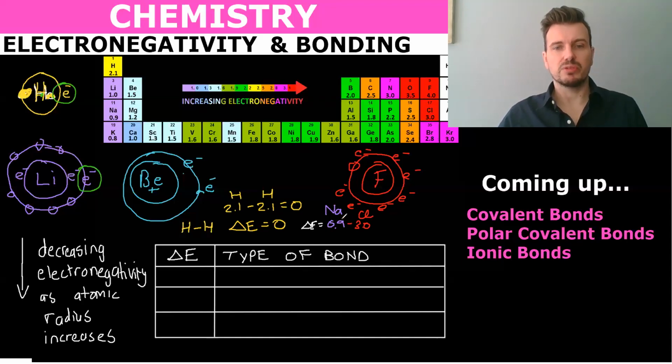And what we usually do is take the absolute value, meaning I don't look at if it's negative or positive. I just say that it's 2.1. And the way you get around that is just put the atom with the highest electronegativity first. So you'd say Cl minus Na.